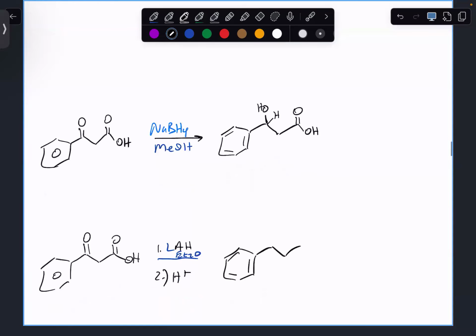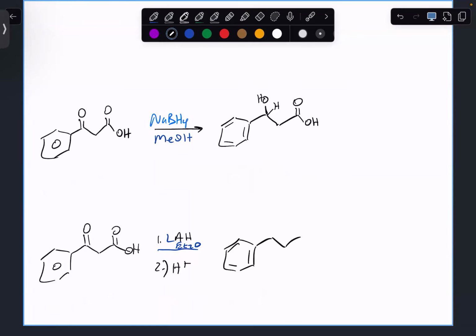Do you see the difference that we're going to get if we use the stronger lithium aluminum hydride? Now, LAH will certainly reduce a ketone. I mean, if borohydride can do it, the LAH certainly can do it. So we're still going to reduce the ketone to the secondary alcohol.